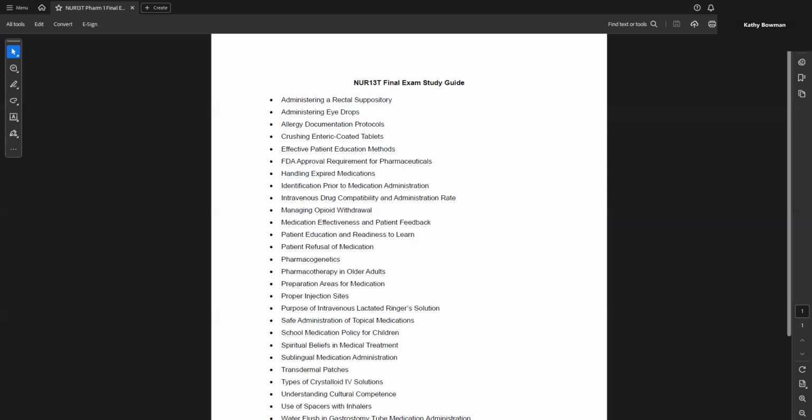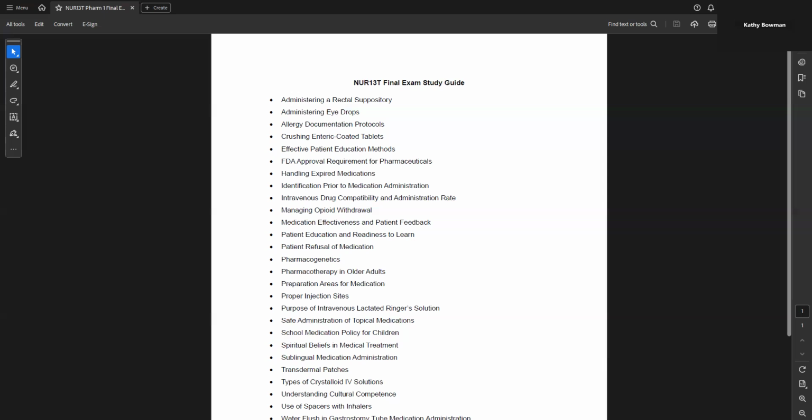And then make sure you document the refusal, because you will write not given on the medication administration record, patient declined. So it's not just a not given, because otherwise it looks like you just didn't give it because you forgot or whatever.